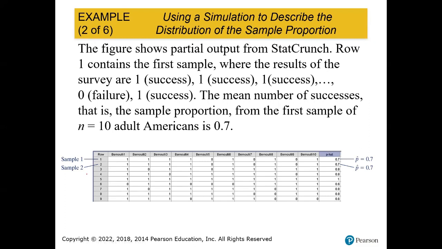So then what they do is add them all up: 1, 2, 3, 4, 5, 6, 7, 7 out of 10 is 0.7. And then they redo this for so many samples of size 10. And we got all these different sample proportions over here. So then, like before when we did this with means, we took that final column and we graphed all of that information.